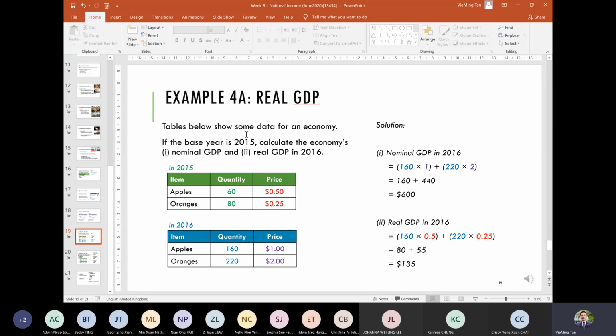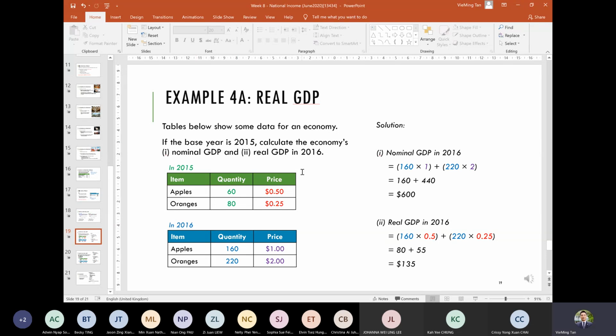Okay, so the following data are for an economy. An economy can be a nation or a country. If the base year is 2015, so 2015 is the initial year, original year, and 2016 is the calculated year.